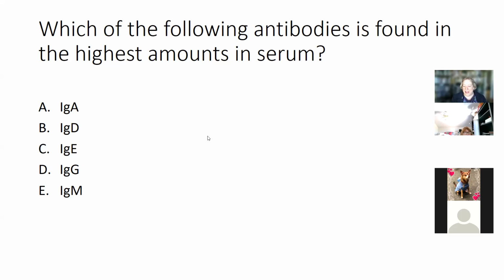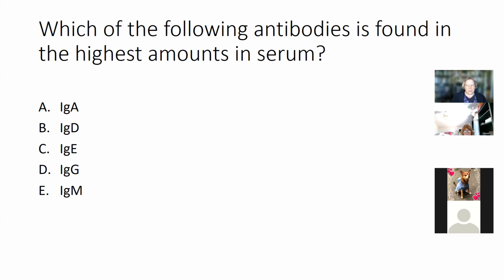Okay, just for the sake of time, I'm going to end the poll. The favorite answer was IgG, and you are correct. Good job. IgE, we tend to not find that in blood as much. We tend to find that stuck to the outside of cells, specifically mast cells.